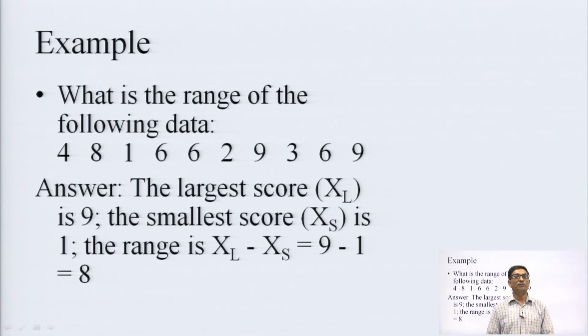Before we calculate the range, we first find the largest score and the smallest score of the data, because range is the difference of the largest score and smallest score. The largest score XL is 9 in this data and the smallest score XS is 1.